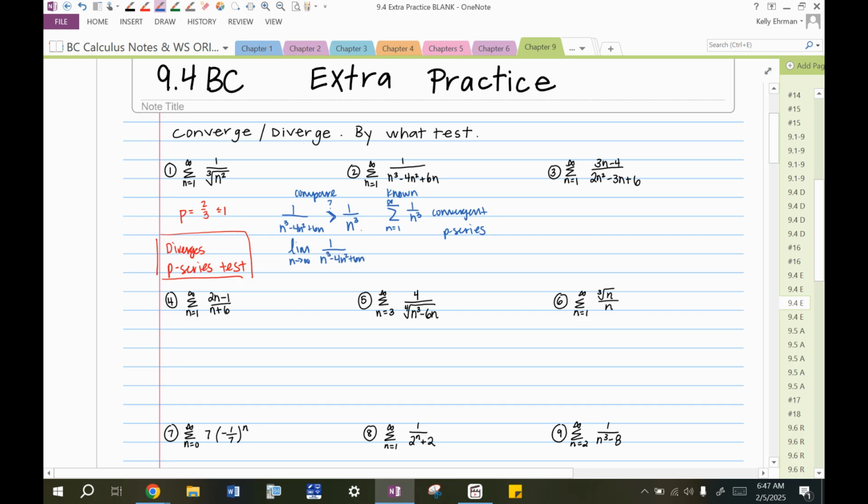You're dividing by 1 over n to the third, so multiply by n to the third over 1. This limit usually comes out to 1 just because of the way that I always pick what I'm comparing to. And so because I got a number between 0 and infinity, I know that the original series acts the same way. So converges by limit comparison test. I forgot to label that there.